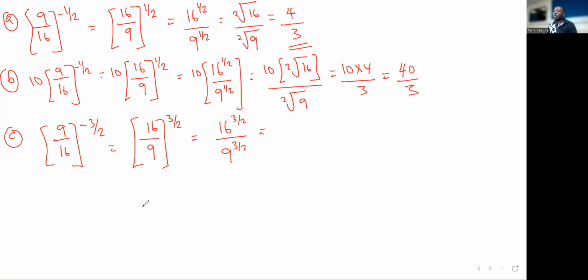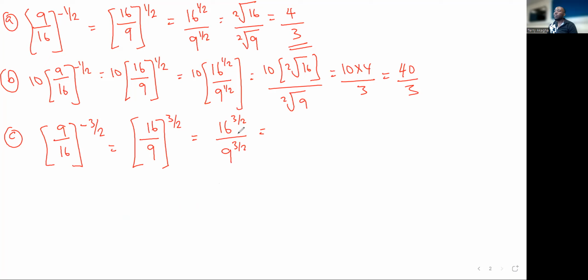Remember we told you that a to the power n over m is equal to the mth root of a, all raised to the power n, or you can say a raised to the power n, then the mth root. Do you remember this? So please review the previous laws. We've talked about this law before. So we're going to apply this now.